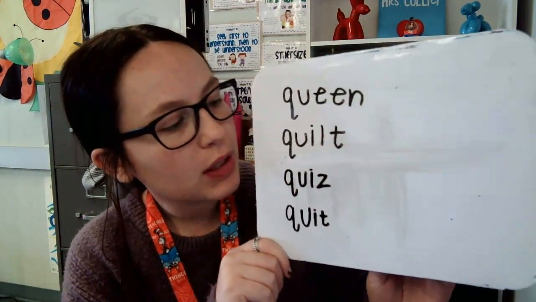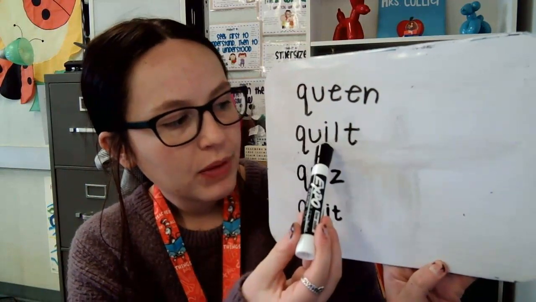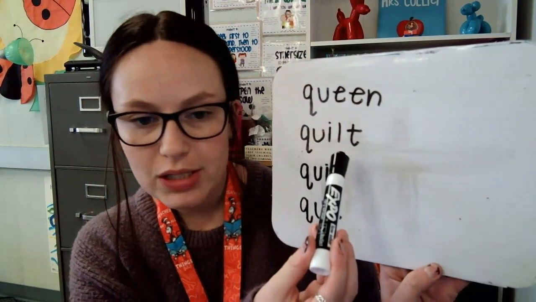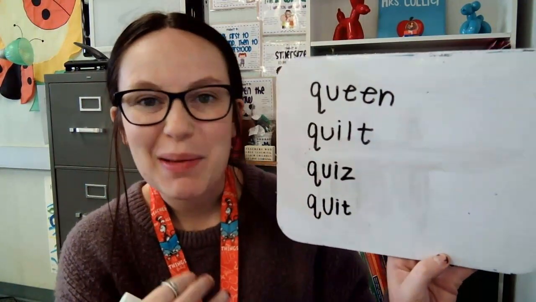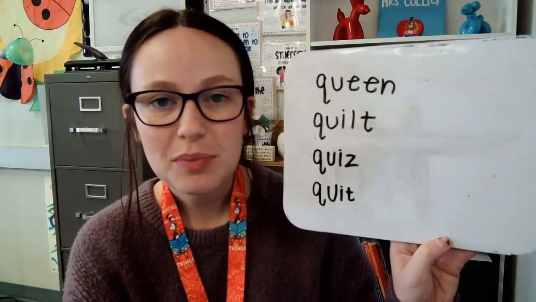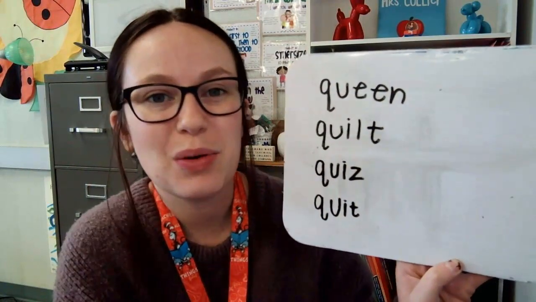So we have queen. Next we have quilt. A quilt is like a blanket. Sometimes it's handmade and it's a little bit heavier. So the word quilt, we're talking about a blanket when we see the word quilt.